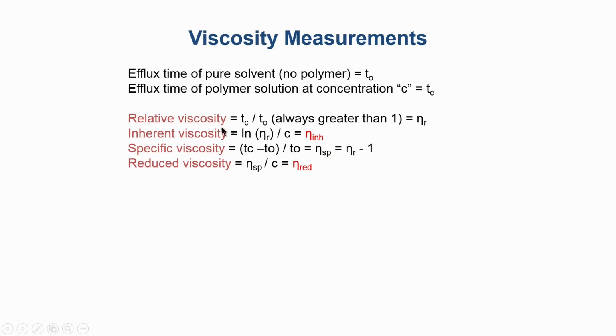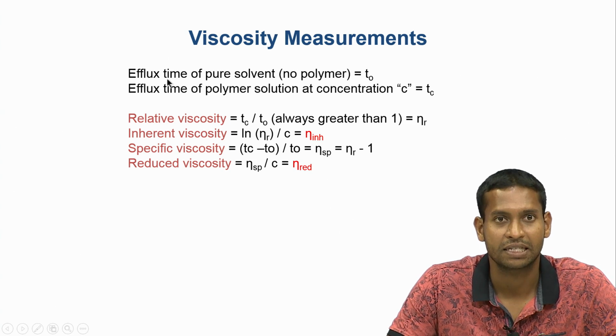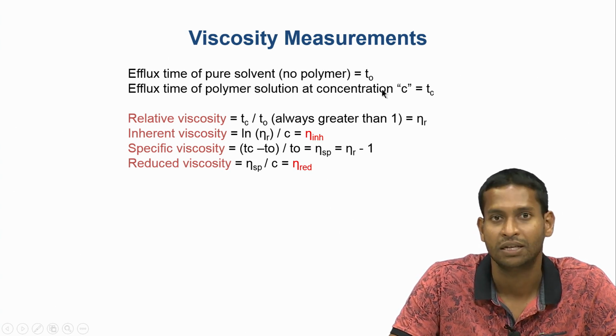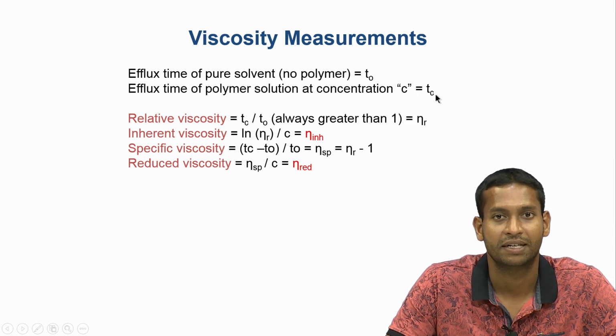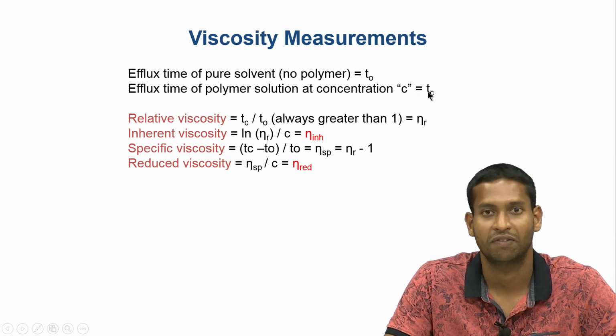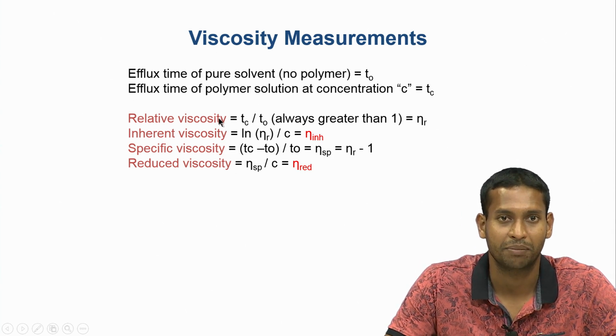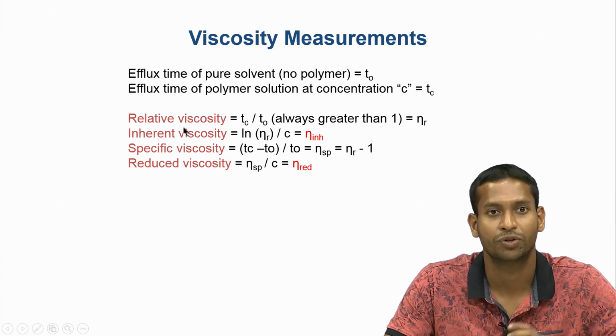Going further into details here, if you use a pure solvent, the efflux time is T0. Once you have the solvent containing a certain concentration C, let us say the efflux time is Tc. Then there are several types of viscosity that are mentioned. You can go through these.